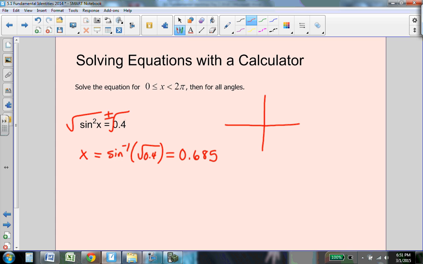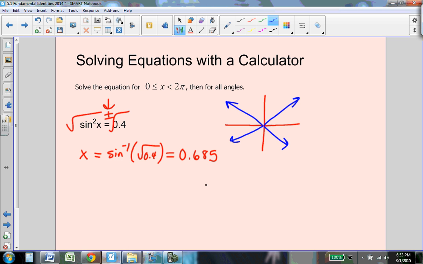So notice, remember we were doing plus or minus those. So we are looking at the angles that occur. The positive or negative sine value of that much happens here, right here, here and here.